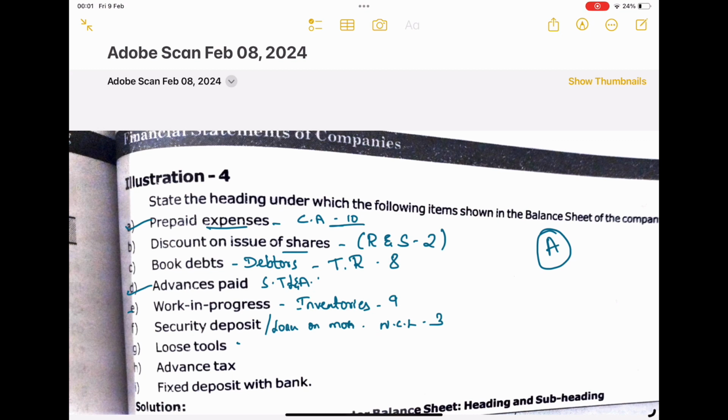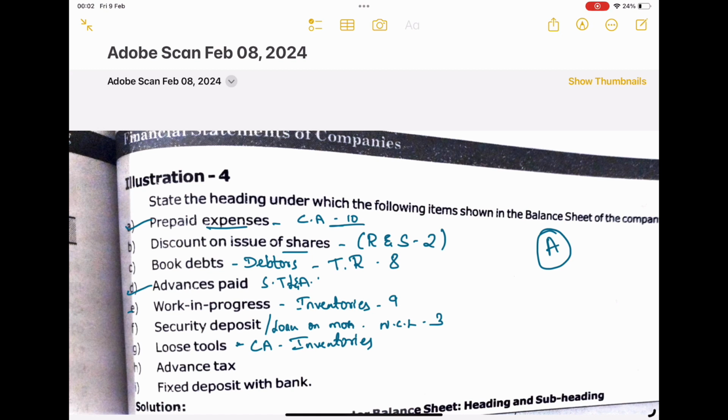Whether it is a fixed asset or a current asset, that we should know, right? So loose tools are a current asset. Loose tools are nothing but spanners, screwdrivers, nuts, bolts, those kinds of things useful for fitting purposes, right? So this is a current asset. Under inventories we can write.